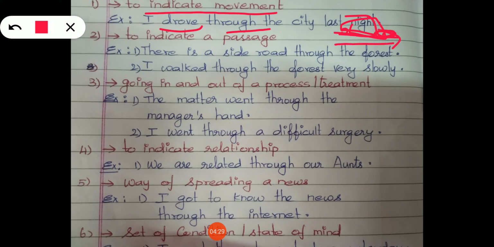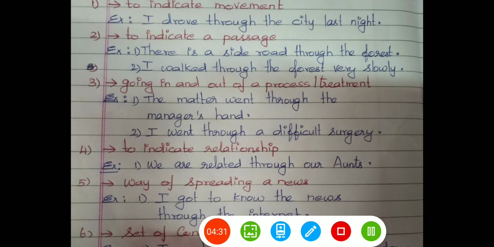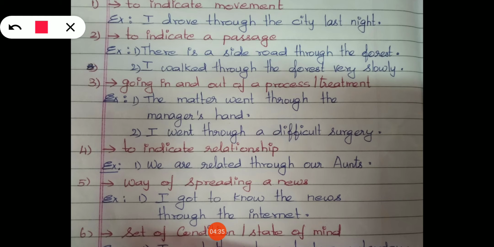Next one, to indicate a passage. The next place where we can use through is, through can be used to indicate a passage. For example, there is a side road through the forest. I walked through the forest very slowly.